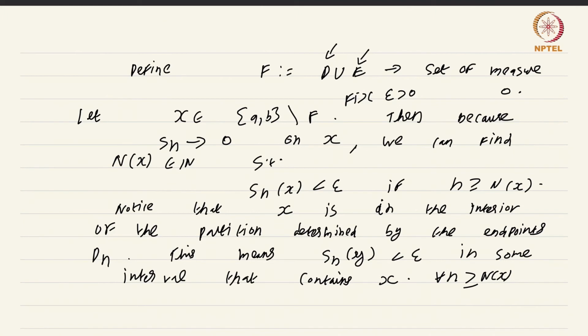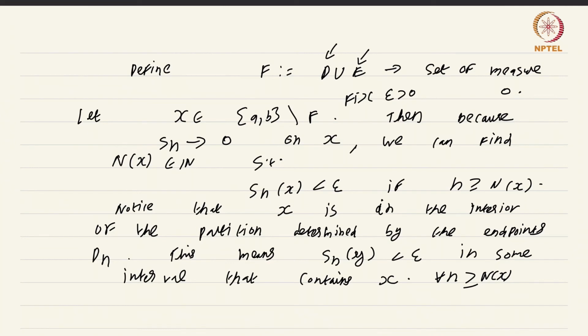Why is it true for all? Well, because the moment Sn(x) is less than epsilon, then because it is constant on the subinterval, at some small piece it's going to be constant, and that constant is less than epsilon by hypothesis, but the Sn's are decreasing. So if you take an even larger n, that constant can only decrease.